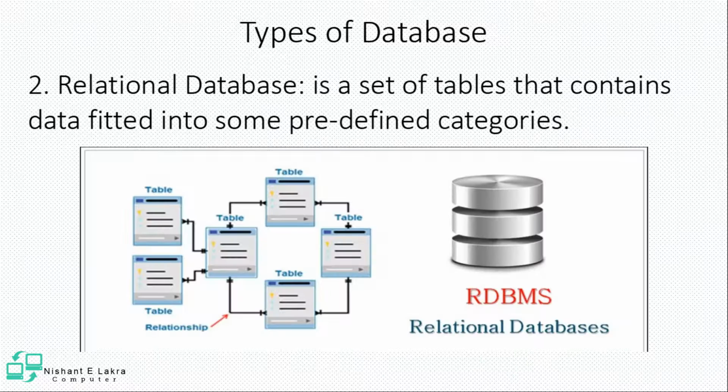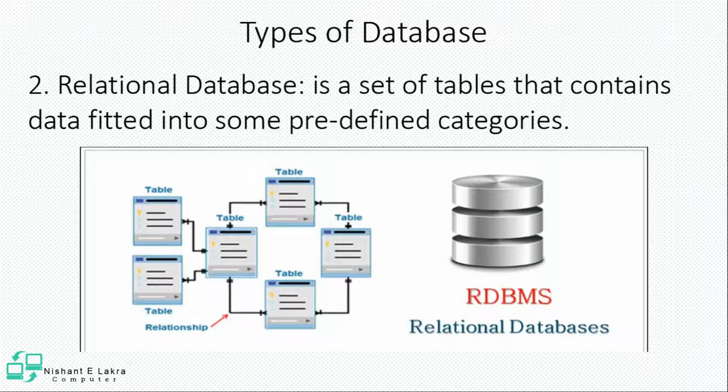The second type of database is known as a relational database. Relational, I hope you understand the meaning of relational. This type of database is a set of tables that contains data fitted into some predefined categories.